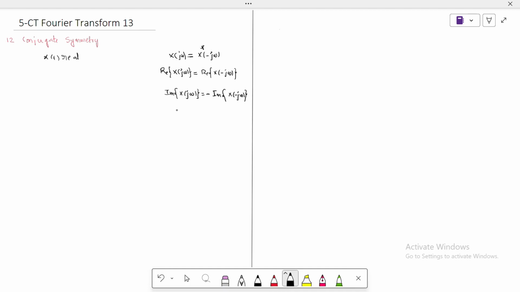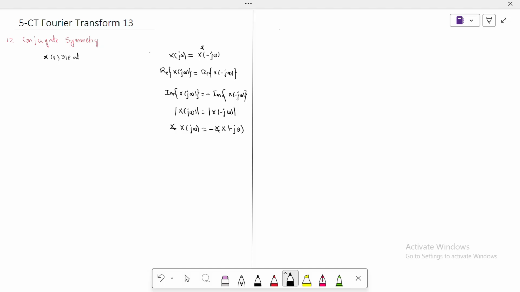The mod of X of j omega equals the mod of X of minus j omega. But the angle is different. The phase of X of j omega is equal to minus the phase of X of minus j omega.